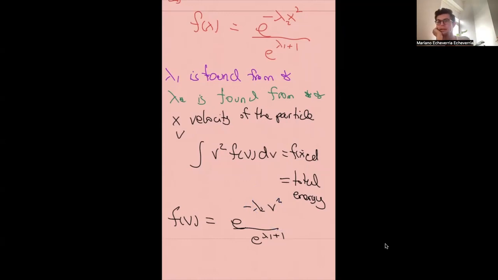And it's just the maximum entropy principle. What Boltzmann did more or less was give a statistical interpretation of the entropy. The entropy had been defined before Boltzmann, but he was the first one who put on solid grounds this idea of identifying entropy with a statistical interpretation, taking the logarithm of the probability density function.